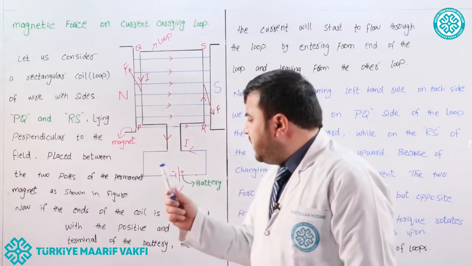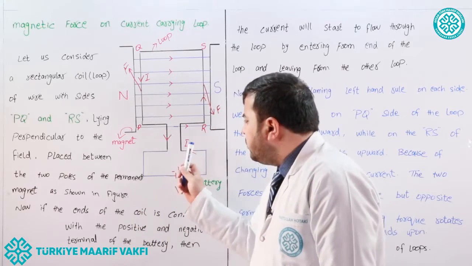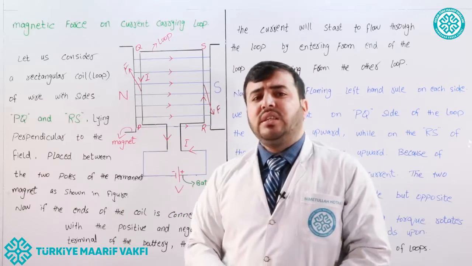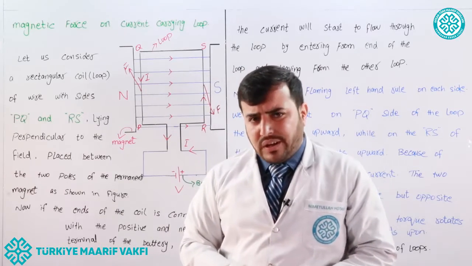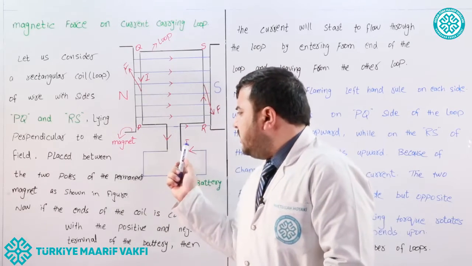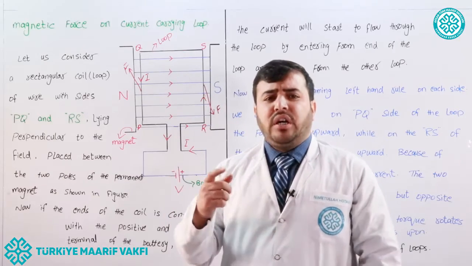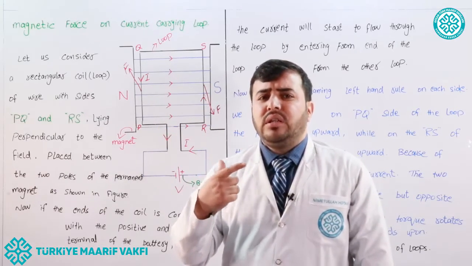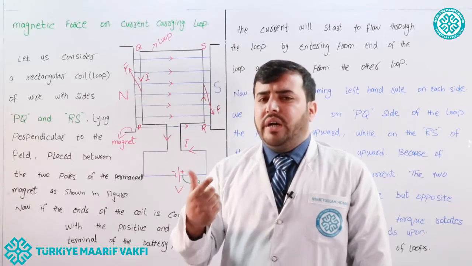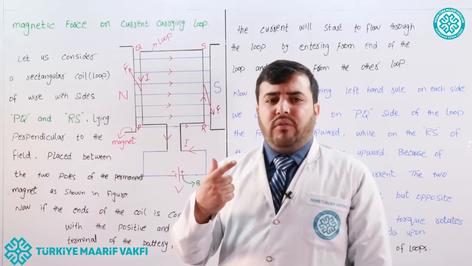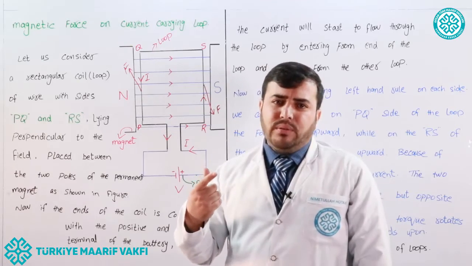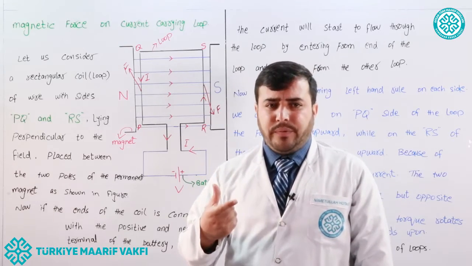The first one is the current flowing through this loop. It means if we increase the amount of current flowing through the loop, then the torque produced on the loop will be larger. And if the current flowing through the loop is smaller, then the torque will also be small.